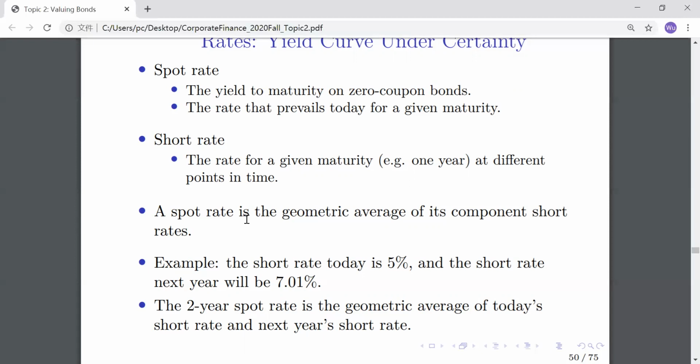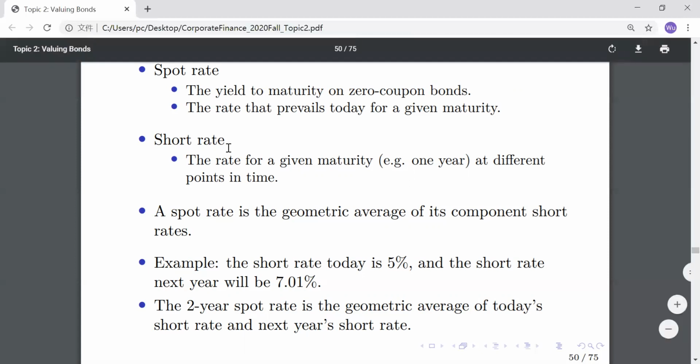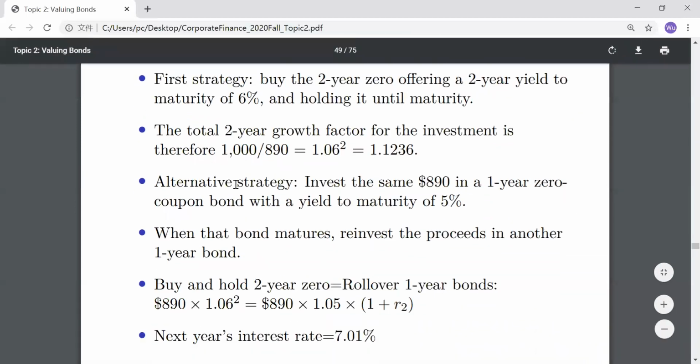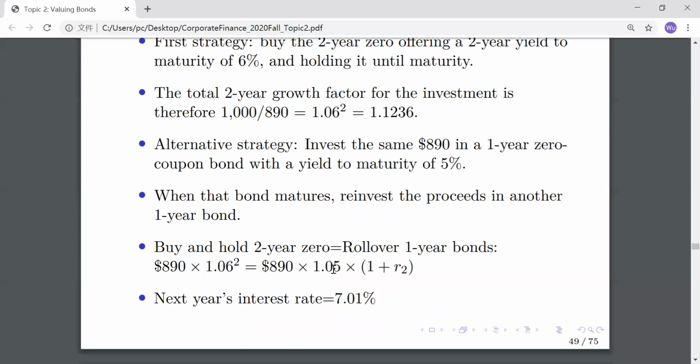Now, from our calculation, we know that the spot rate is the geometric average of its component short rates. So in our example, this 5% is the interest rate of the 1 year zero. R2 is the short rate of the 1 year zero next year. So that's why 5% and R2, which is the 7%, are all short rates.